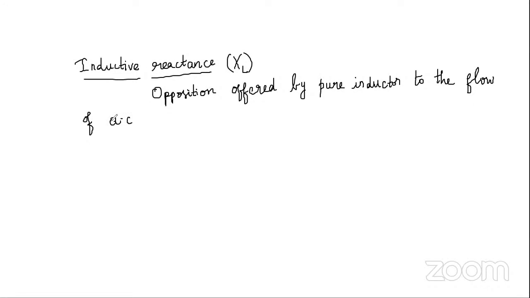Just like resistance in a DC circuit, you all might have studied the concept of resistance. Just like that, here in an AC circuit, a pure inductor offers some opposition to the flow of AC. That is called inductive reactance. And what is the formula for that inductive reactance? That is XL is equal to E naught by I naught.